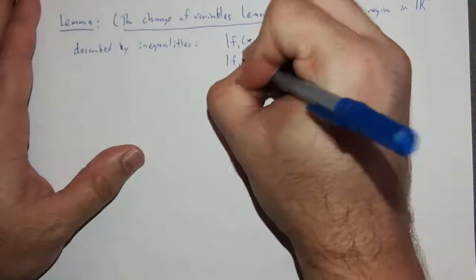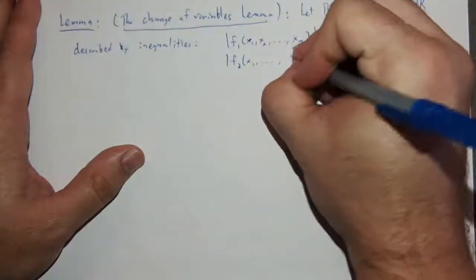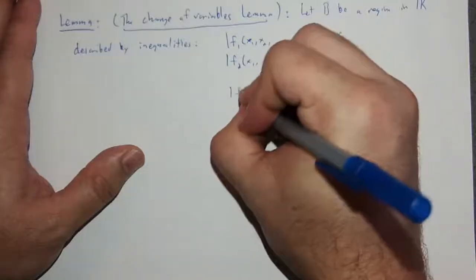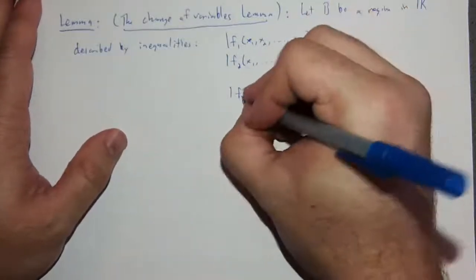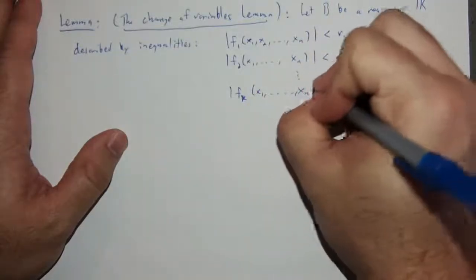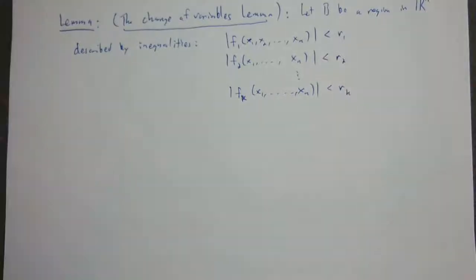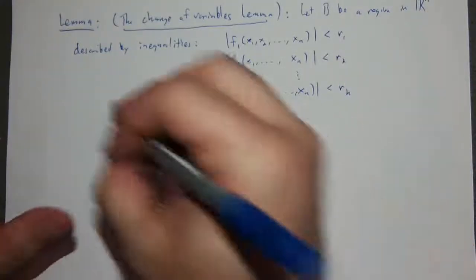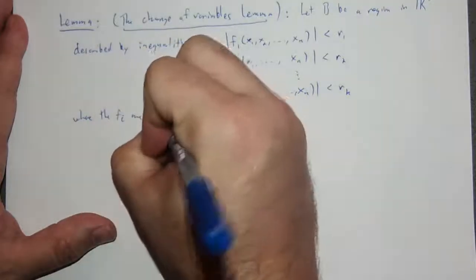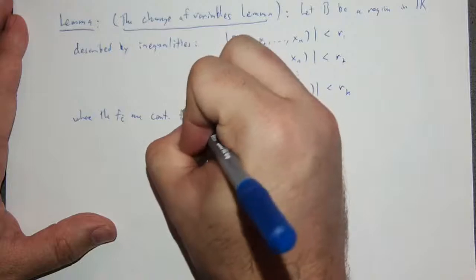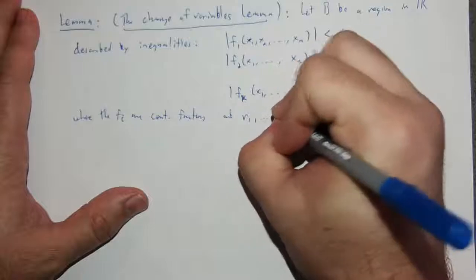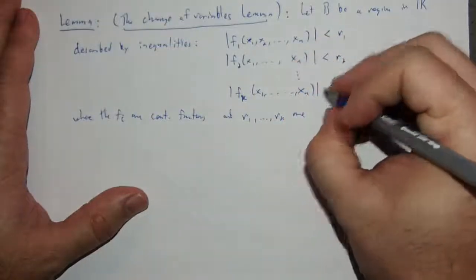Same thing in this slot, and so on up to some f_k, where the f_i are continuous functions and r_1 to r_k are positive real numbers.